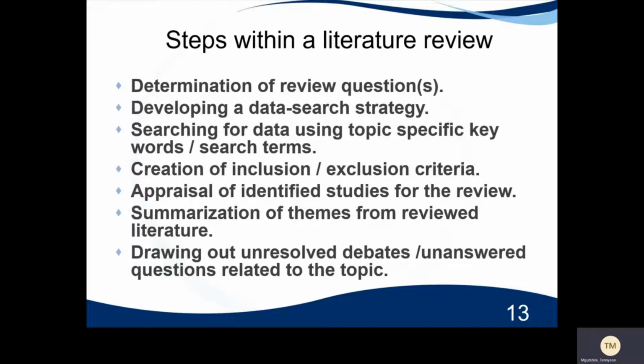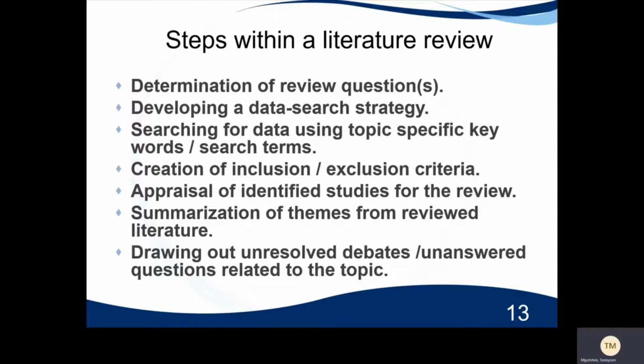Then, of course, one of the things that happens as part of your data search and the strategy that you put around that is that you develop a set of words or terms that you believe best describe what it is you're getting into. So the next step, one of the steps within the data search strategy, is where you explain to the reader the key terms and the key words that were used to determine what will be accepted or not accepted as a paper within your review.